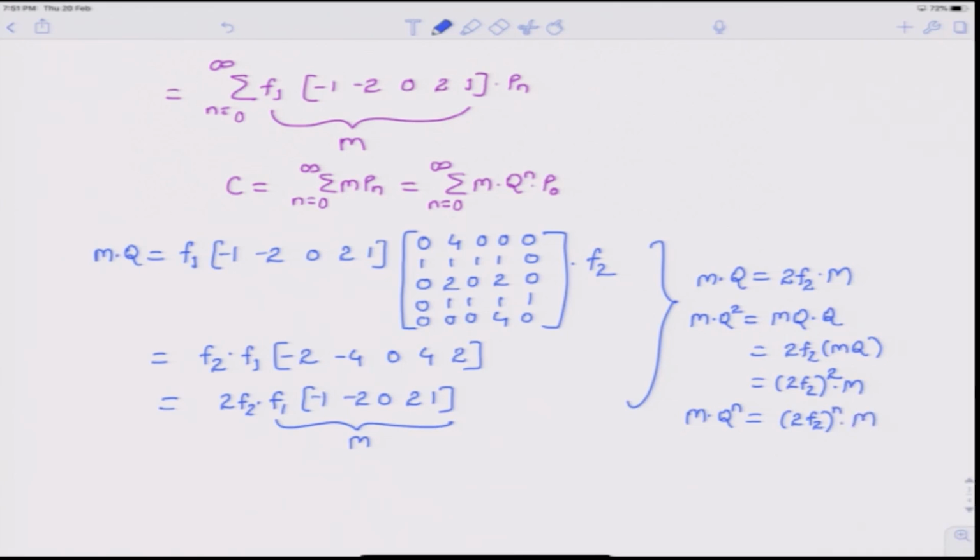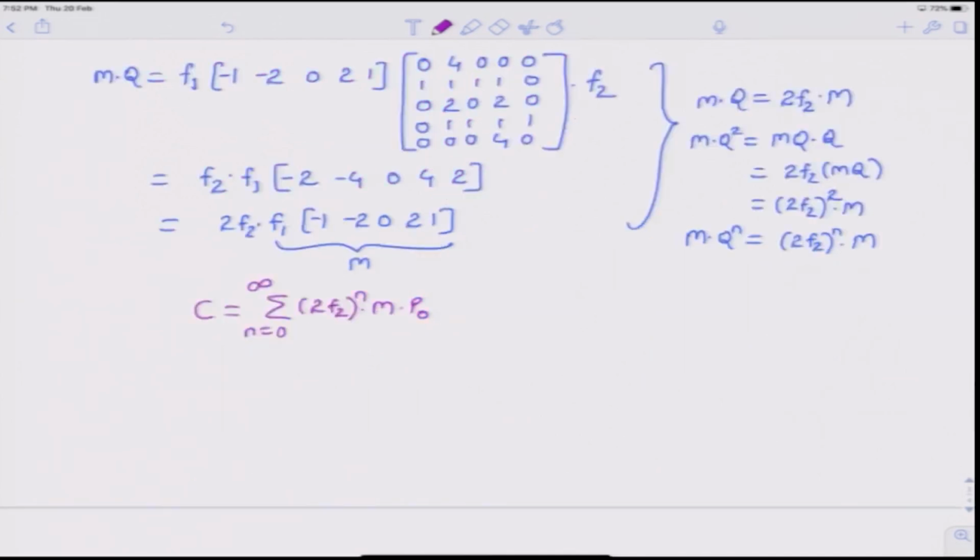And if we substitute back in the expression for C, we get C is equal to sigma n equal to 0 to infinity 2 F2 to the power n times M times P0. Again, if we evaluate M times P0, that should be equal to F1 times minus 1, minus 2, 0, 2, 1, and P0 is nothing but 1 0 0 0 0.